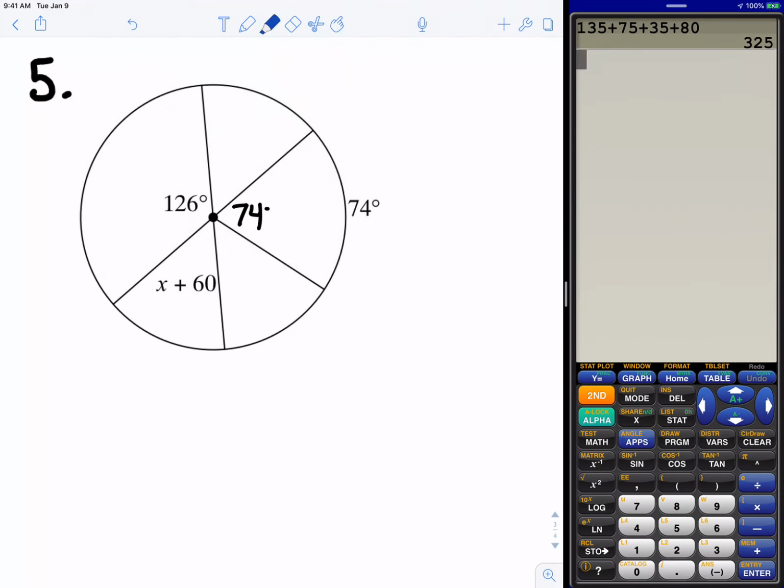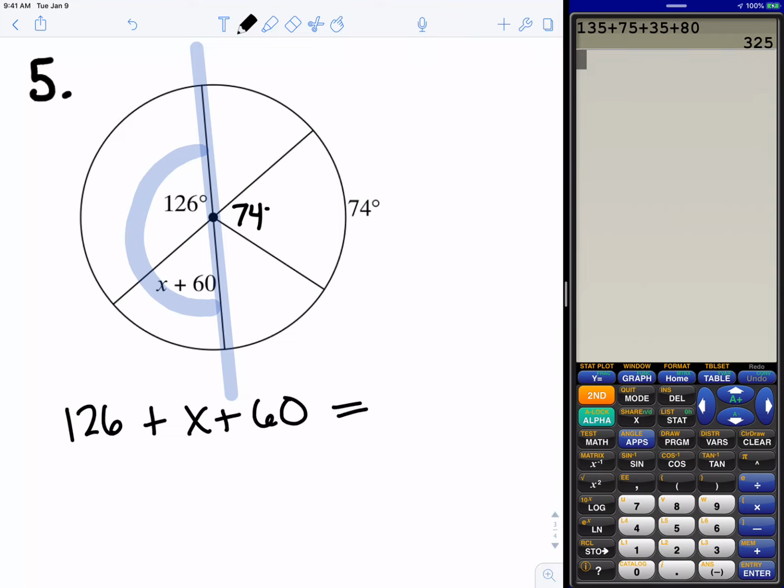I have this diameter here, but I don't have measures for all 3 of these or for both of those. I have another diameter right here, and you'll notice that those 2 angles are cut off by that diameter, so they add up to 180. So my setup is going to be 126 added to x plus 60 equals 180.